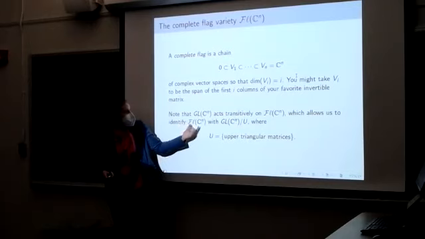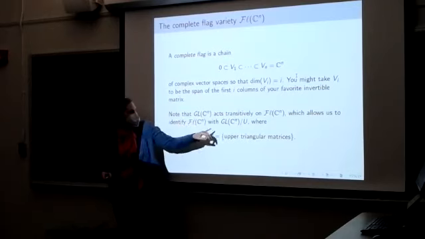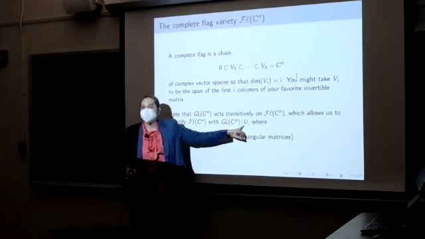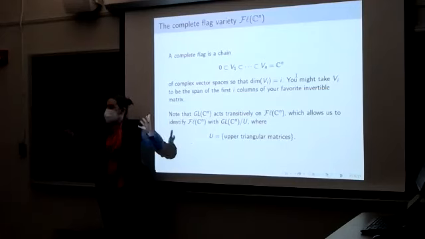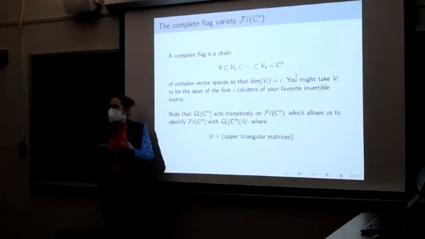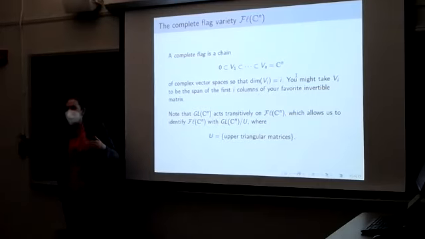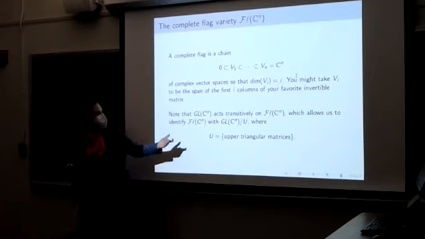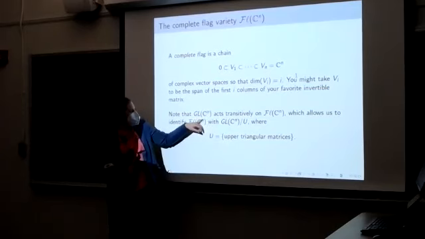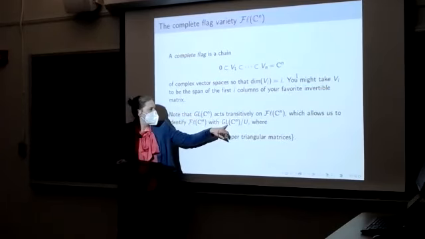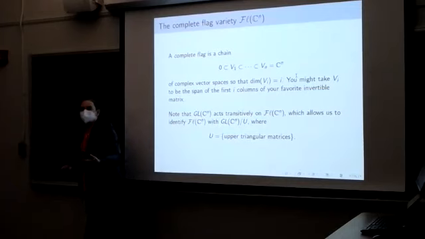And so by the orbit stabilizer theorem, we can realize the space of flags as GL_n mod the stabilizer of our favorite element of the group. And my favorite element is going to be the flag determined by the identity matrix. This has stabilizer given by the upper triangular matrices. So the space of flags is GL_n mod these upper triangular matrices.